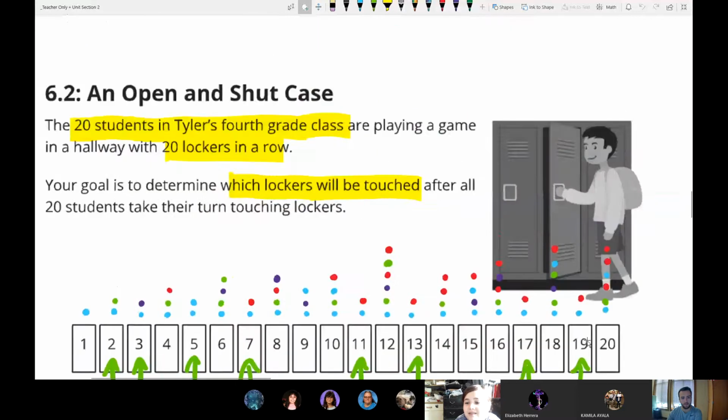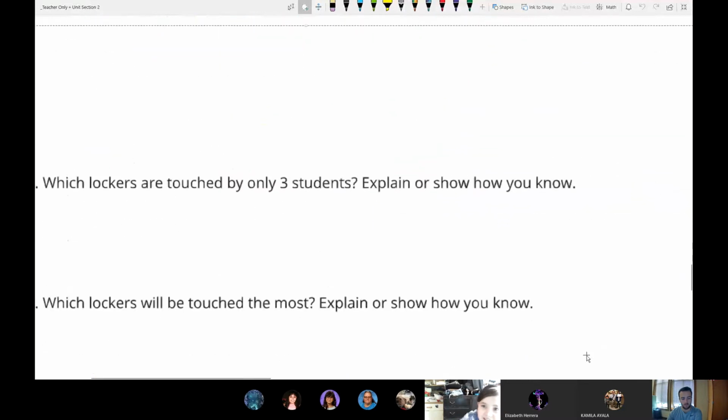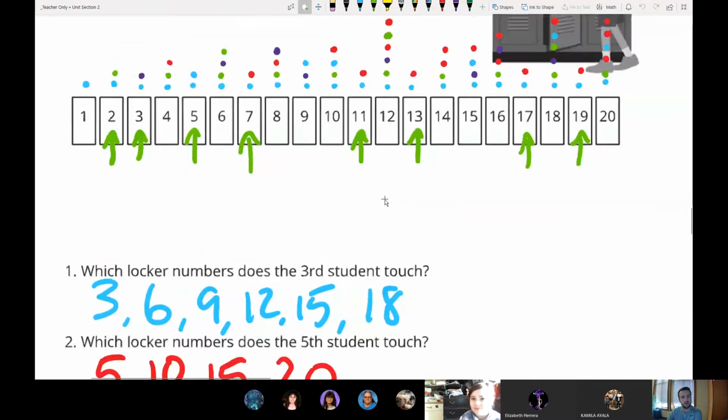Okay, let's go back up. Actually, go back down. Problem number, is that 5? Which lockers are touched by only 3 students? Explain or show how you know. So let's scroll back up. Which lockers are touched by 3 students?